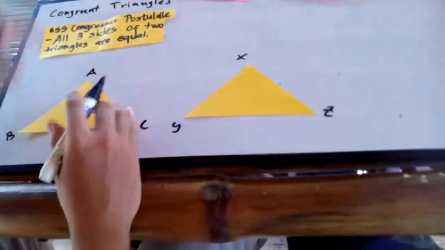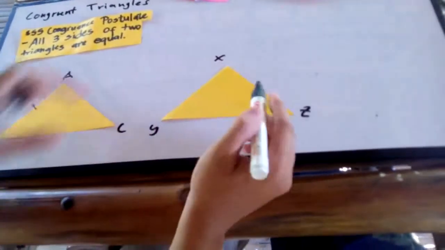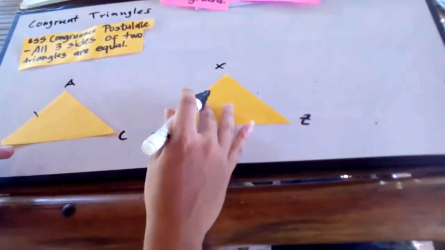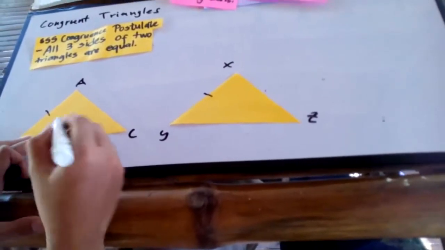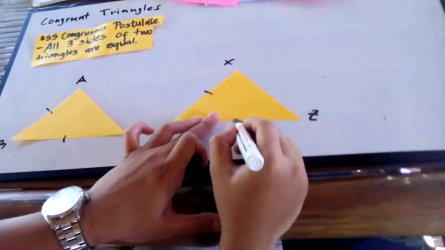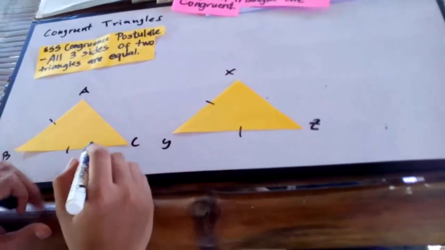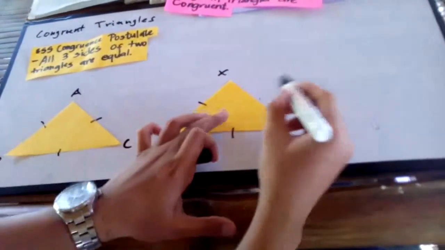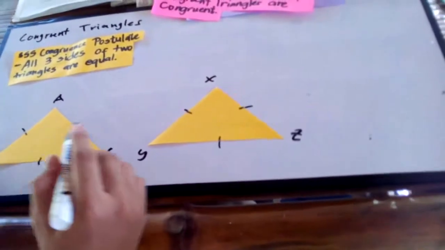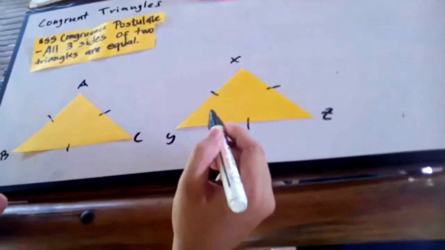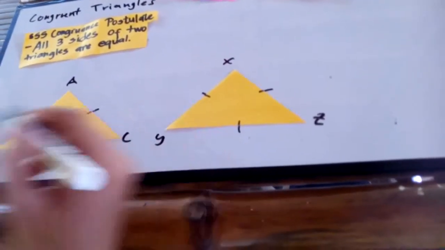So here, if line AB is congruent to line XY, line BC is congruent to line YZ, and line AC is congruent to line XZ, then we have shown that the two triangles are congruent because of the SSS congruence postulate.